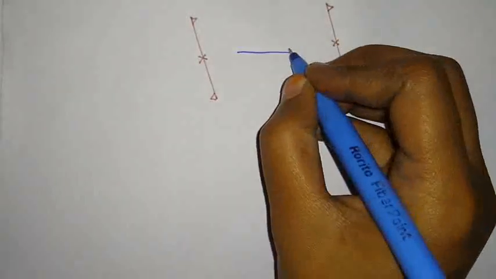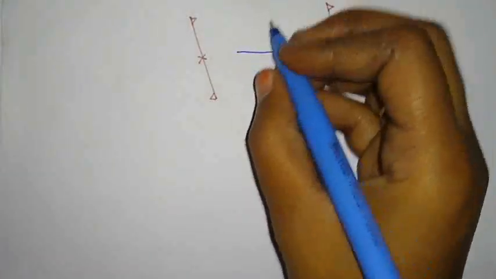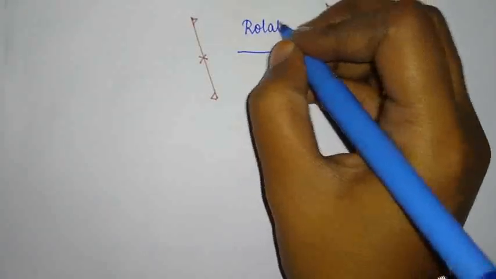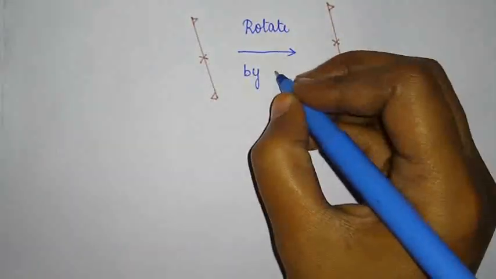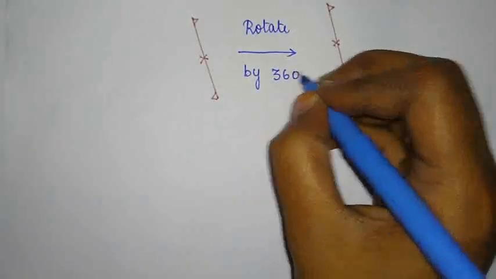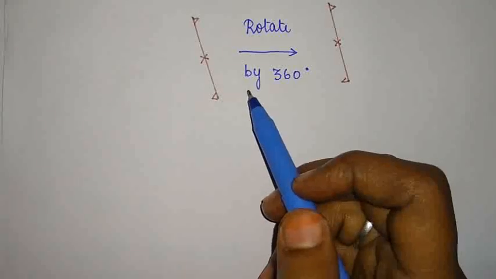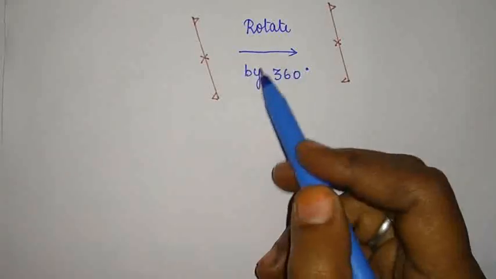It can be rotated by 360 degrees. So the given figure has rotational symmetry of order, that is only one order.